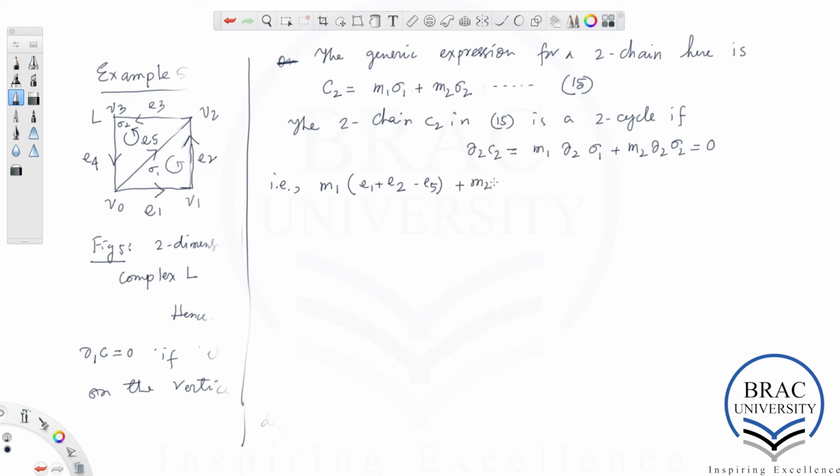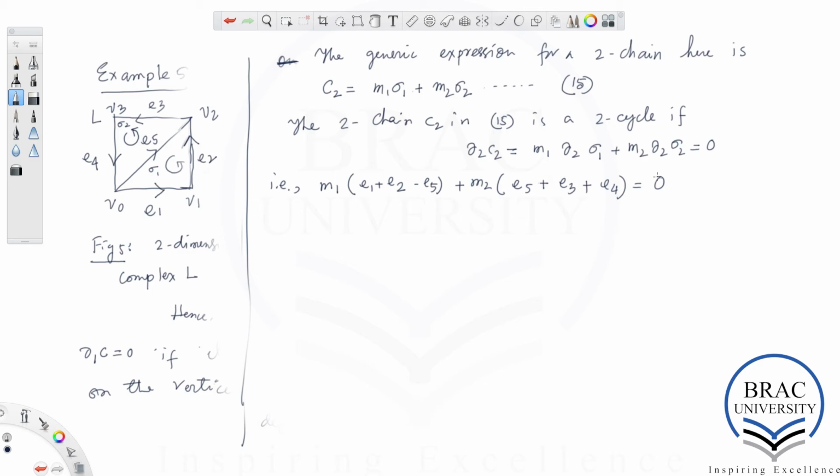And then you take M2 times the boundary of sigma 2, right? Sigma 1 is a two-chain, and so is sigma 2, and the boundary operator acting on those two chains will be giving us one chains. So M2 times E5 plus E3 plus E4, and this is equal to 0.